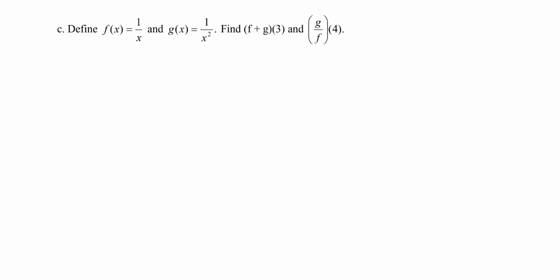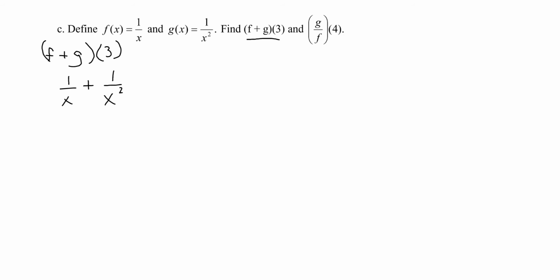All right, now here, we are going to add the two functions together, but we're going to do f plus g of 3. So we're going to evaluate it for 3. What I'm going to do for f plus g of 3 is take my f function of 1 over x, plus my g function 1 over x squared, and plug in our values.